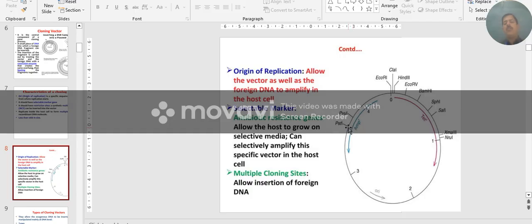Thus, to ensure this doesn't happen, we can have a multiple cloning site in another region, wherein this multiple cloning site bears sites for a number of restriction endonucleases. That particular site can be cut open with the help of a restriction enzyme, and your foreign DNA can be incorporated successfully without hampering the selectable marker gene region.